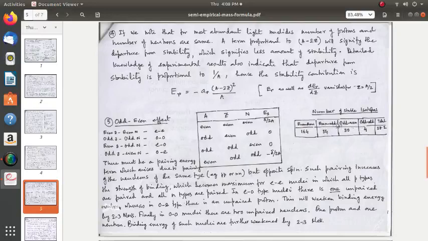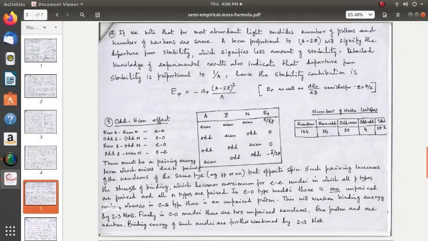So in those cases we do not have any contribution from the odd-even effect. So we can say something like this: for even-even cases there is a positive contribution, for odd-odd cases there is a negative contribution, for even-odd or odd-even cases there is no contribution from the odd-even effect.